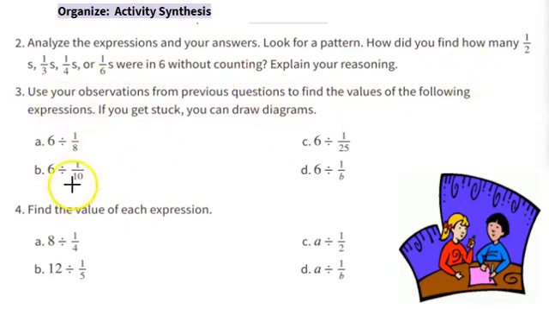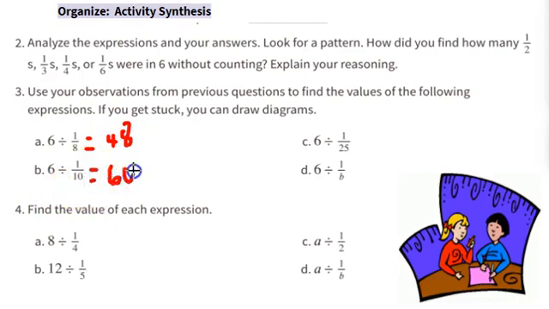What about using that to help us figure out these here? What about 6 divided by 1/8? Well, you should know that there are 8 1/8s in one whole, so 6 wholes would give us 48. How about 6 divided by 1/10?